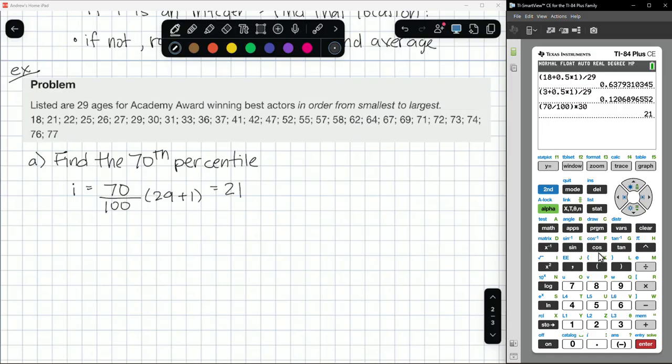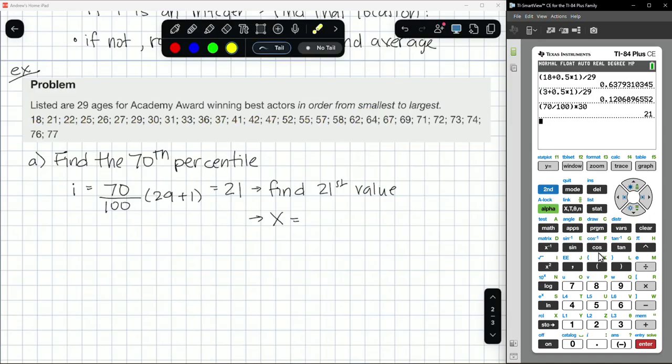Because that is an integer, I need to find the 21st value in the list. So we get out our highlighter, we start counting. 1, 2, 3, 4, 5, 6, 7, 8, 9, 10, 11, 12, 13, 14, 15, 16, 17, 18, 19, 20, 21.